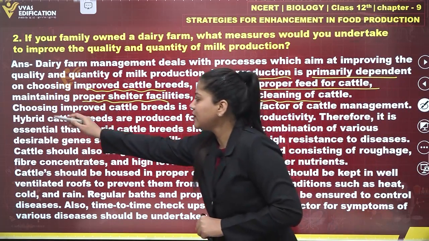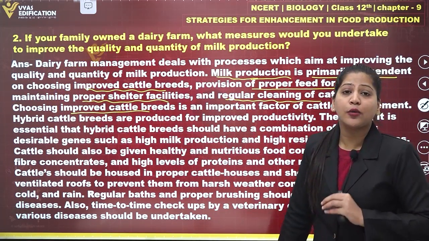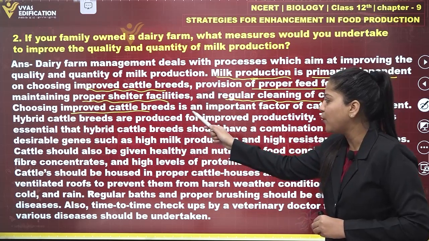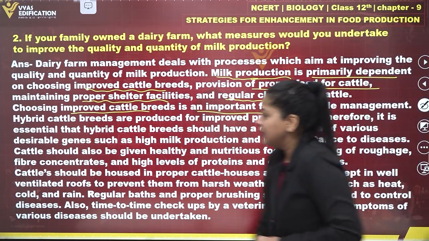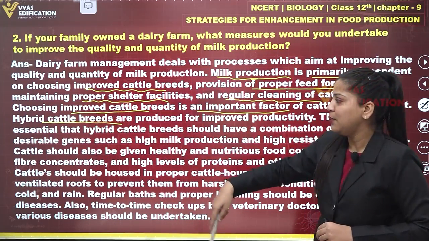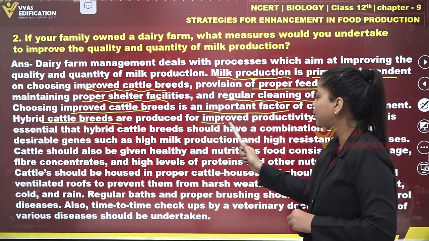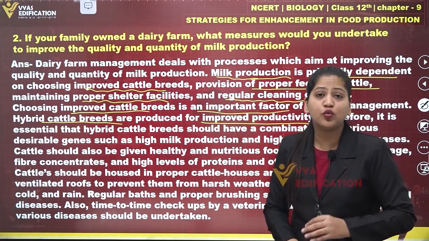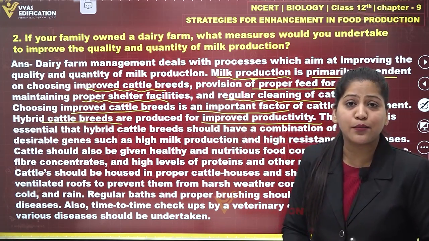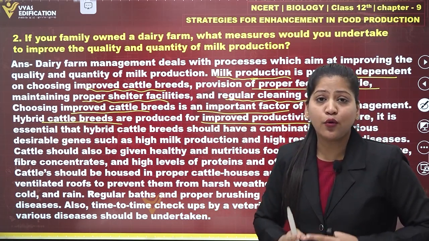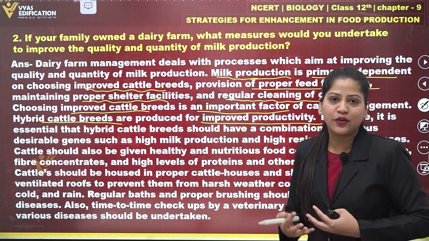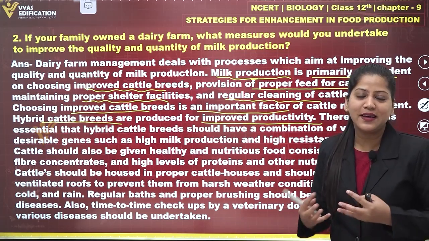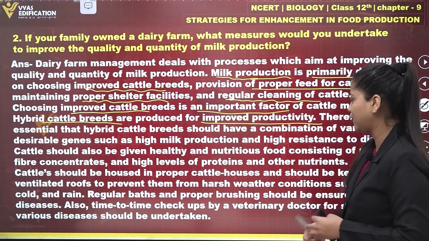Then, choosing improved quality or breed of cattle is a very important factor in dairy farm management. Now, these hybrid cattle breeds are produced for improved productivity. We choose hybrid cattle with improved or desirable characters in them, so that we can improve the quality as well as quantity of milk production.